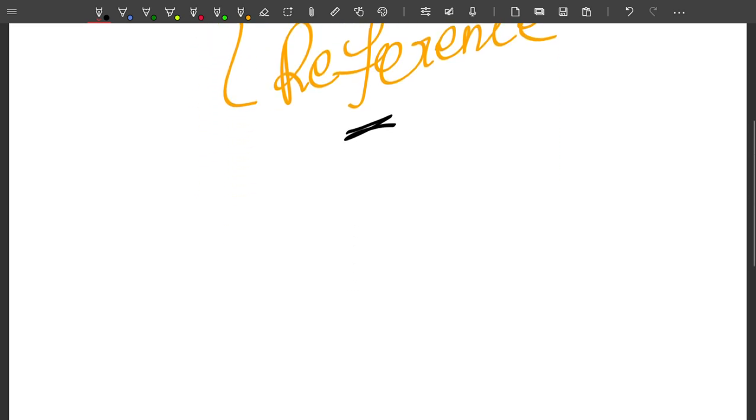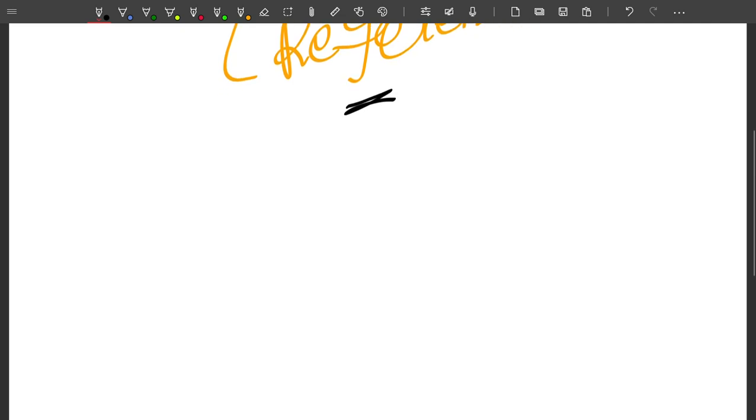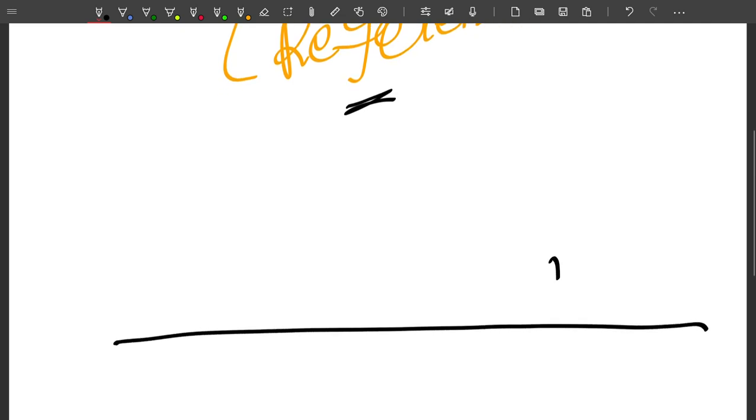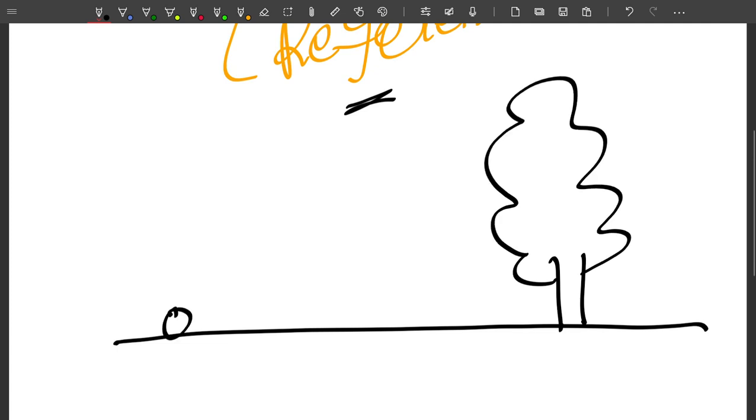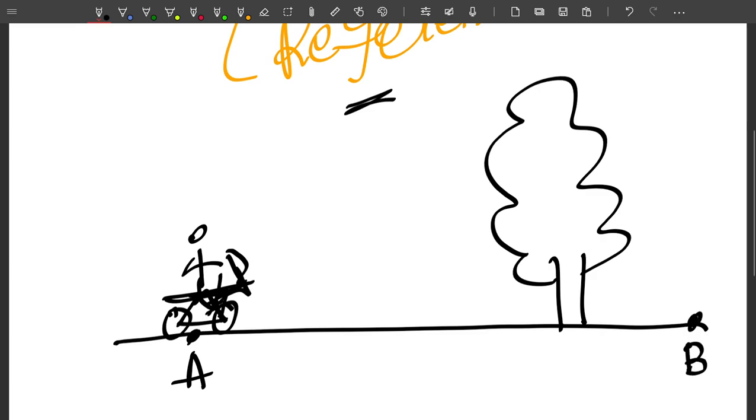Here is a road, and there is a big tree on the road, and you are cycling back to your home from your school. You're riding a bike from school, which is at point A, back to your home, which is at point B.